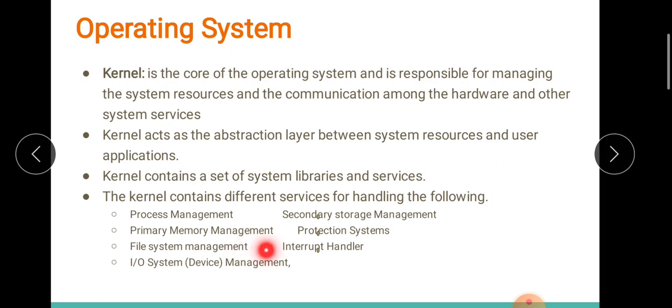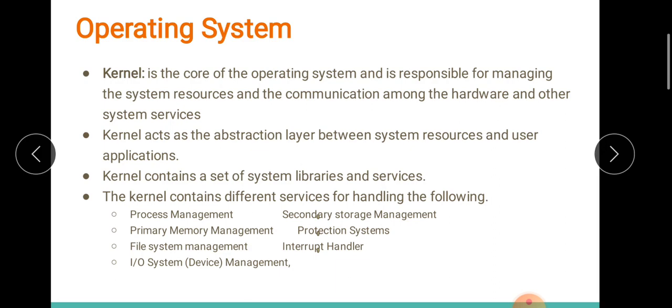Here it controls the accessing of your information. Here they control the accessing of the input output devices, that's it. Then secondary storage management, controlling the memory required and available in your secondary storage, which is basically the hard disk. Protection system to control the amount of access given to various resources.